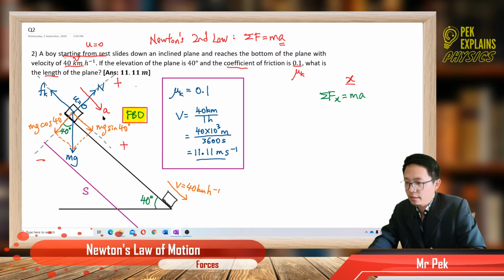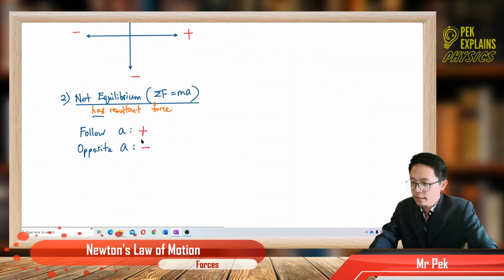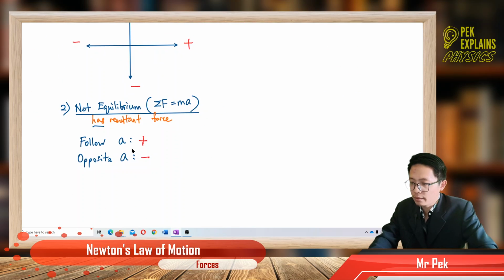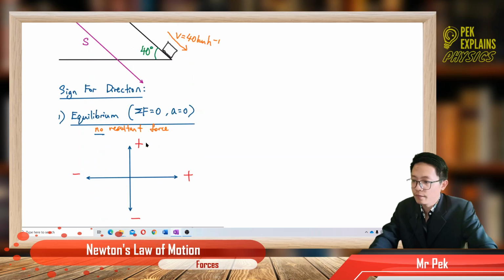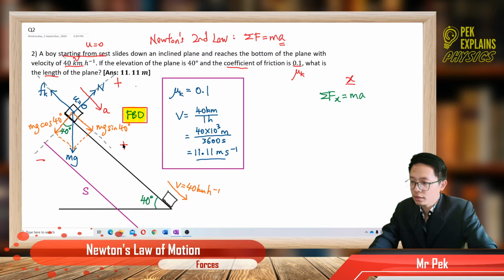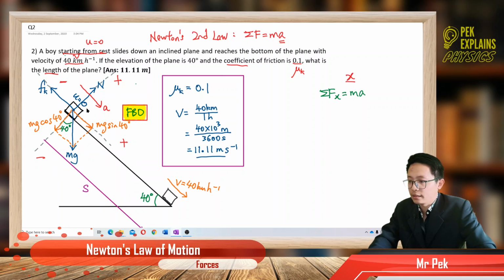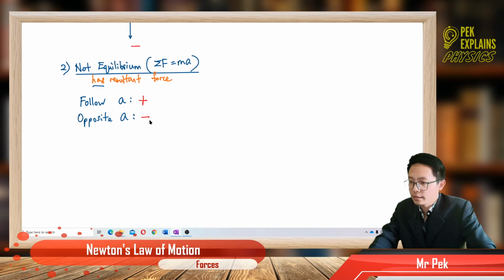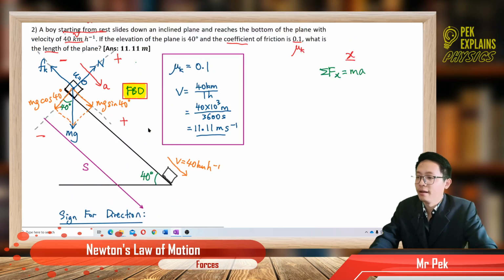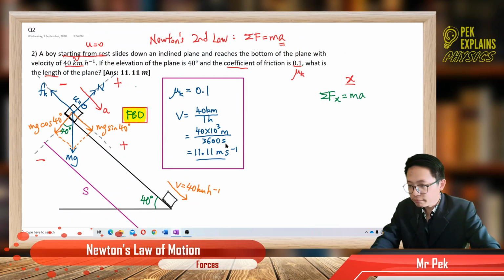Going down is positive because it follows the acceleration. Total F equals ma. Following the acceleration is positive, and opposite to the acceleration is negative. All right, settle that one. Now we move on.